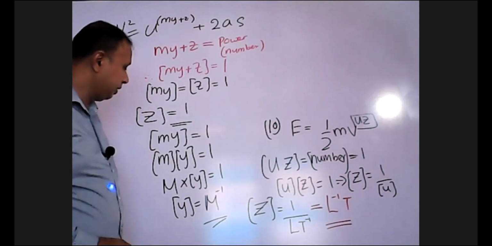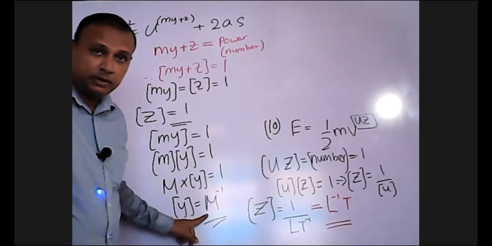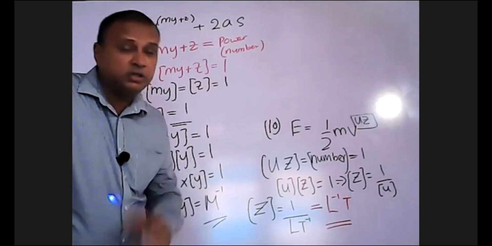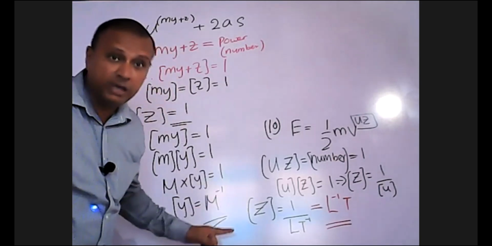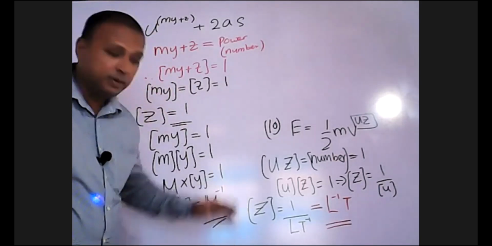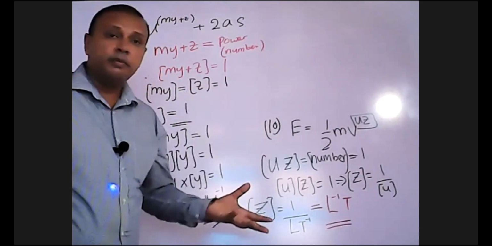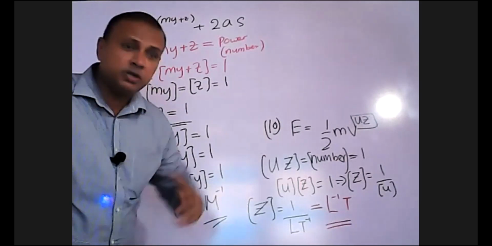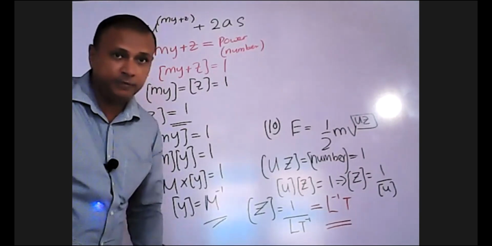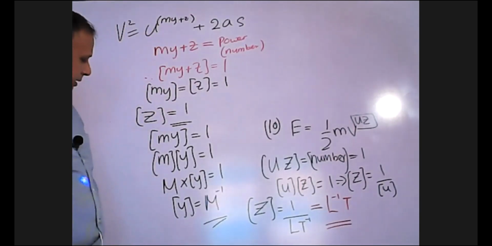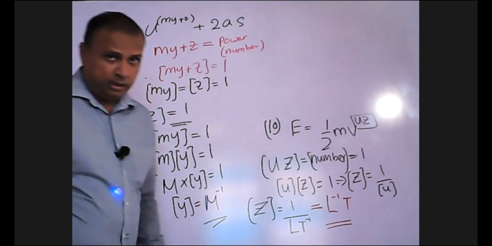No, we can simplify up to this level. We have to simplify. Don't keep 1 over m. Simplifying means you have to take all the M, L, and T terms to the numerator. Don't put them in the denominator.